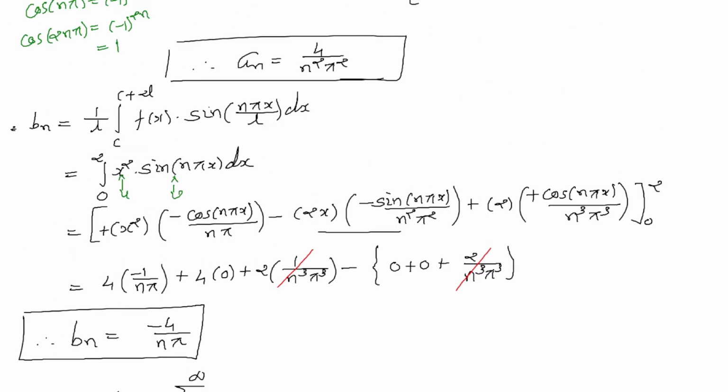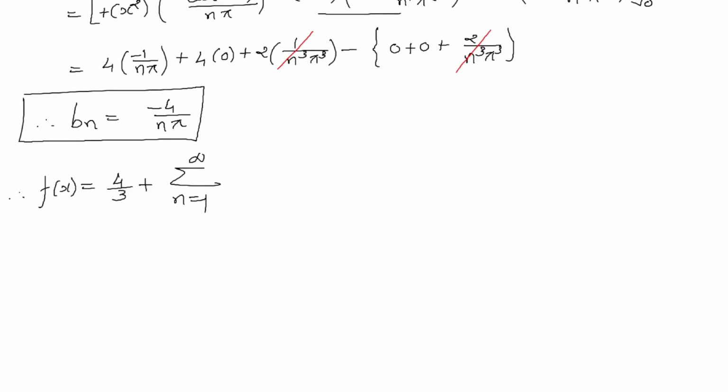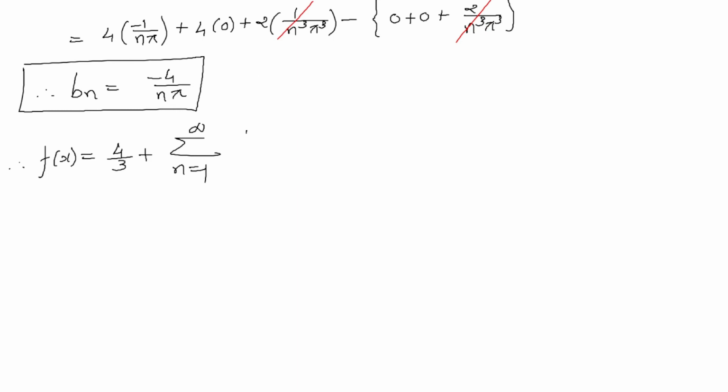What is an? 4 upon n square pi square into cos n pi x upon L, L is 1, plus bn into sine n pi x.